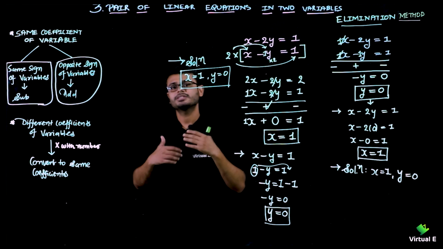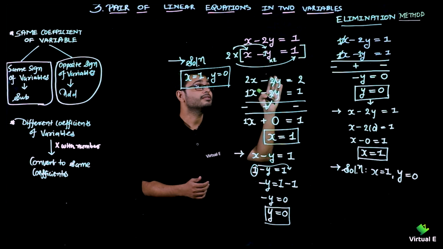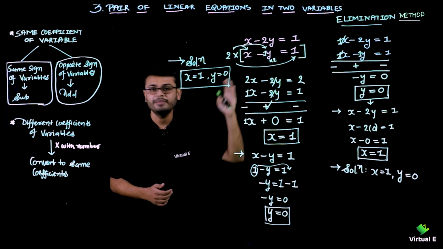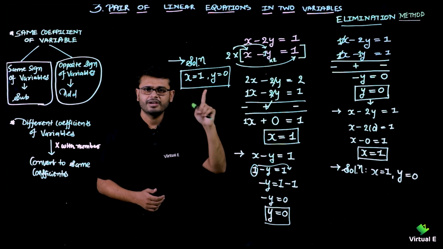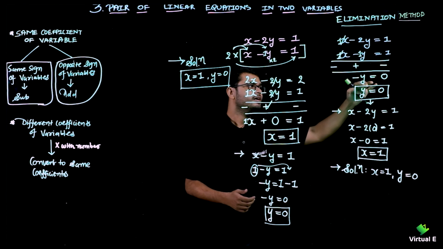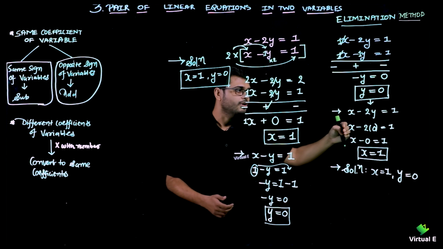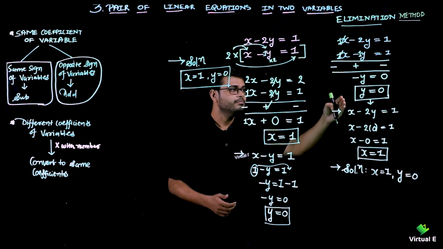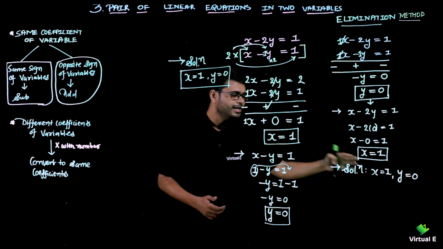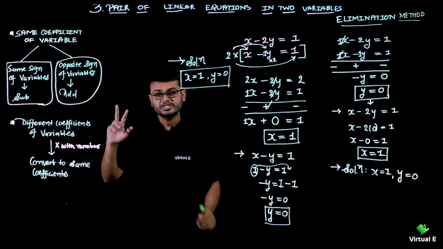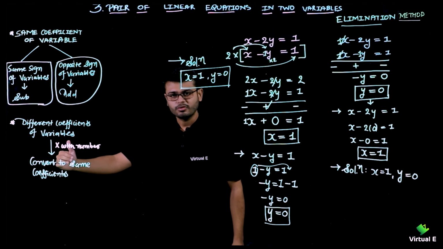So let me recall the steps from last time. What we are going to do in this method, the elimination method, as it suggests, we are going to eliminate a variable. Two unknowns, we want to eliminate only one variable, so the equation will become a linear equation in only one variable. So it is easy to solve. After getting the value of one variable, substitute in any of the equations, so we can get the value of the other variable. Which points to remember? Either you can have same coefficients or different coefficients.